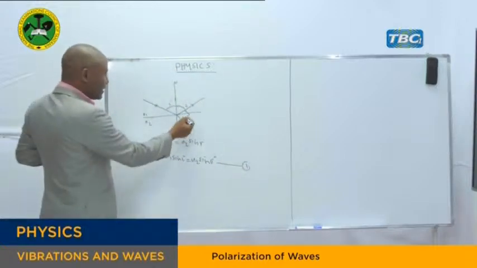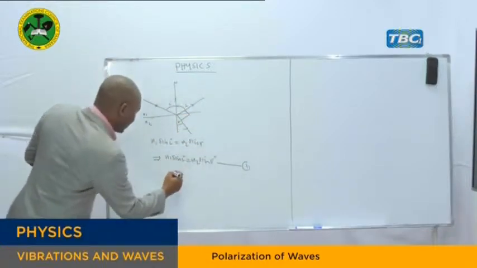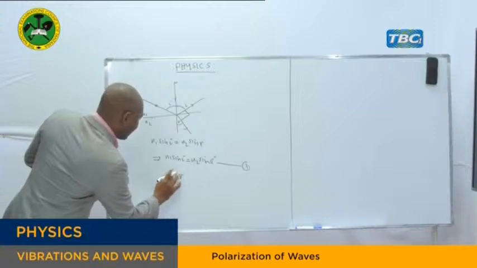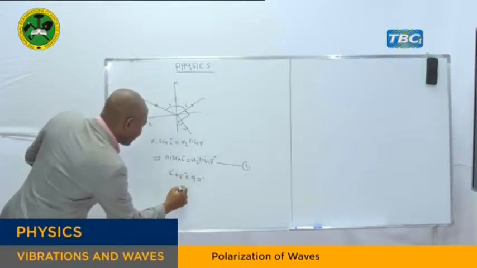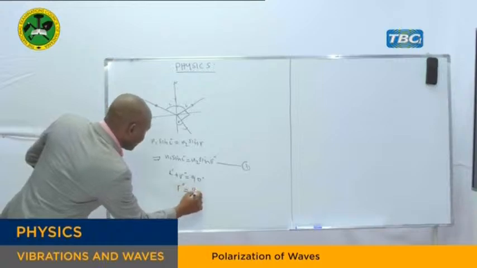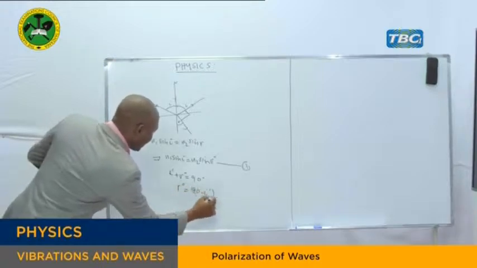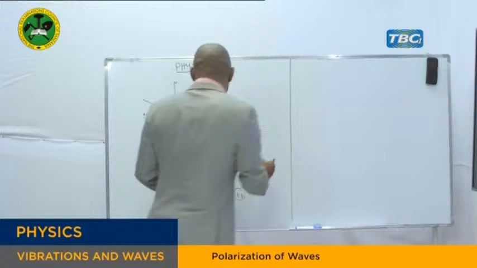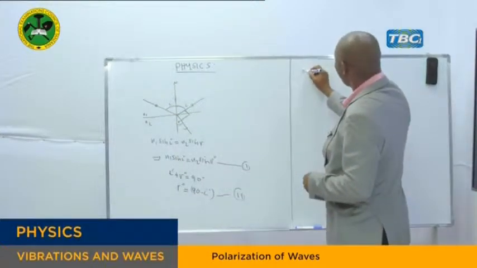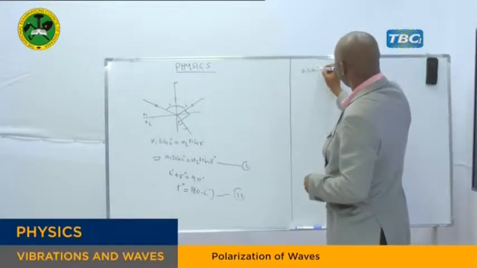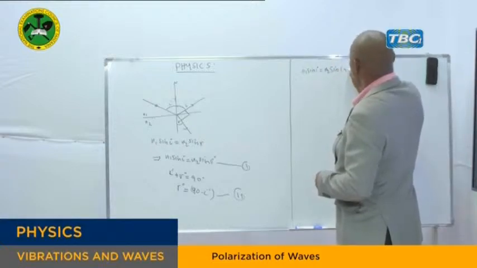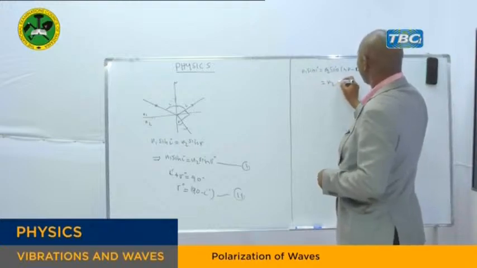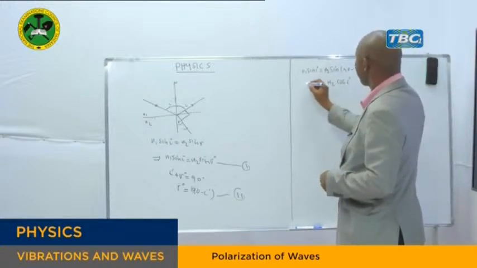And we remember we said if this is 90, we had I plus R giving us 90. If you make R the subject, R equals 90 minus I. And we found that N1 sine I equals N2 sine of 90 minus I, which gives us the cosine of the same angle.